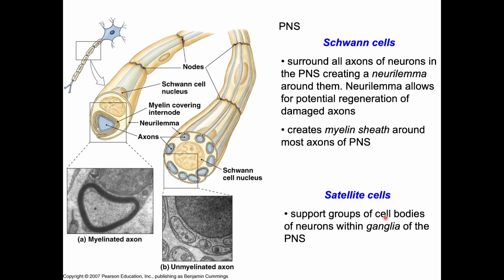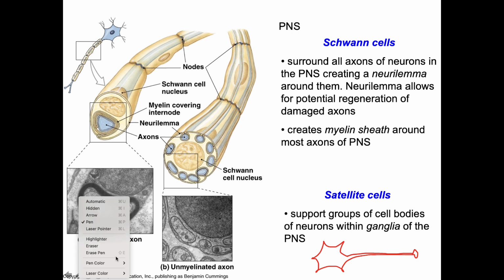The last type of neuroglia we're going to cover is the second one in the PNS called satellite cells. And I'm going to use my pen here to kind of draw out what a satellite cell is. So if this is my cell body of my neuron, there's my axon, my terminal. Let me change the color of this guy. Satellite cells sit right on top of the cell body.